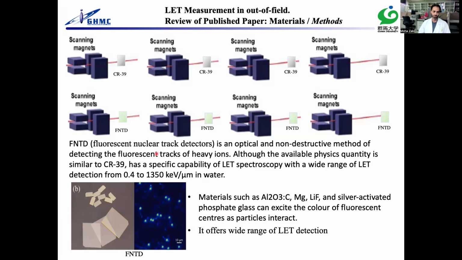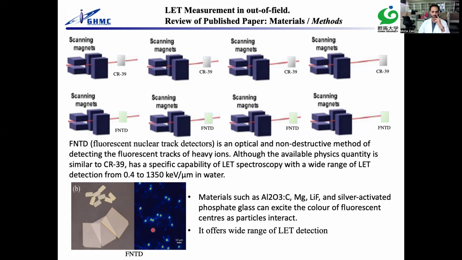FNTD is short for fluorescent nuclear track detectors. It works by detecting localized damage caused by the ionization along the path of a charged particle. Now, the formation of these fluorescent centers traps and causes impurity in the material.